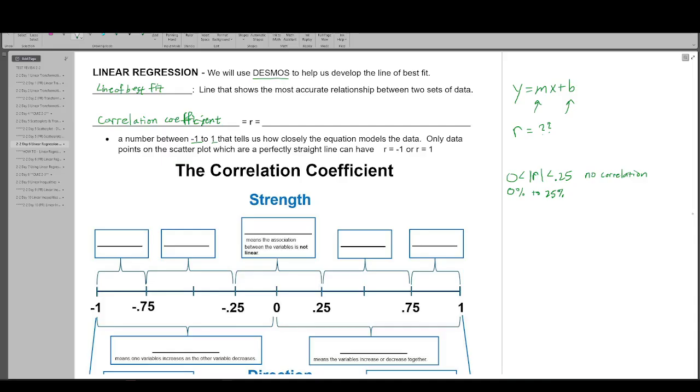So the two data are correlated by less than a 25% factor. If we have an r value whose absolute value is between 0.25 and 0.75, we would say that this is a weak correlation. So anywhere from 0.25 to 0.75 or negative 0.25 to negative 0.75, that's like a 25% to 75% correlation.